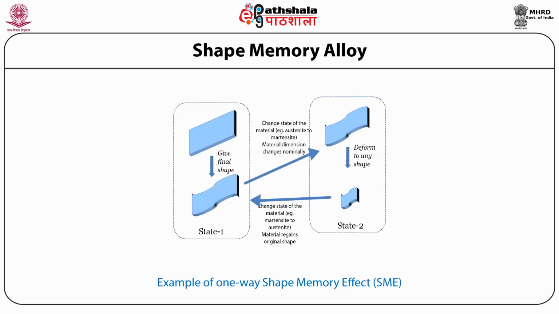Now if we change state 1 to state 2 and then it gets deformed to any shape, then finally the change of state of the material, that is from martensite to austenite, the material regains its original shape. So this whole figure depicts the one-way shape memory effect.